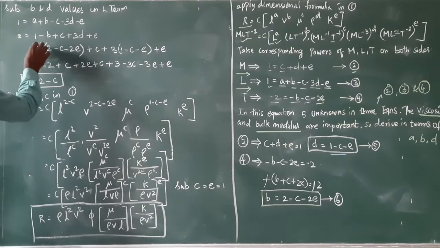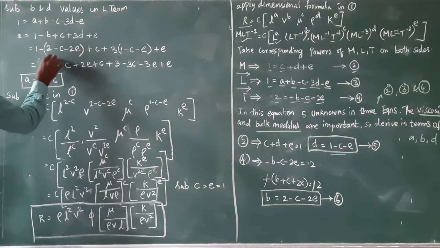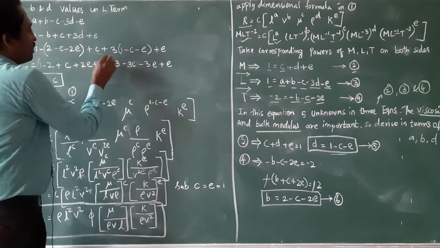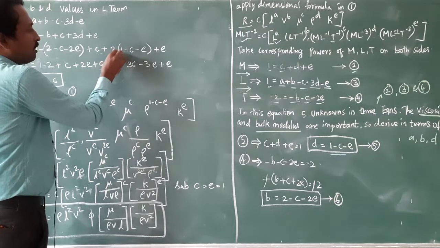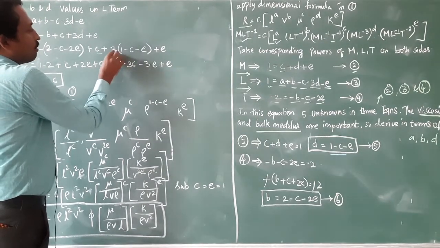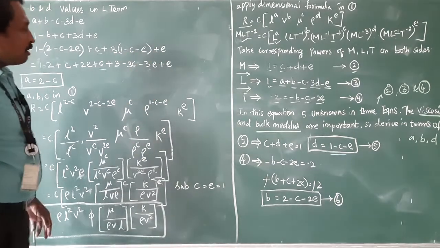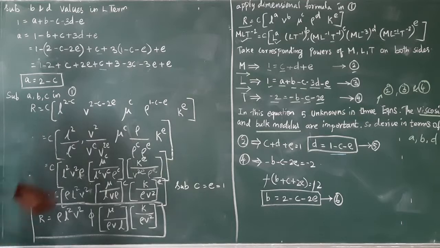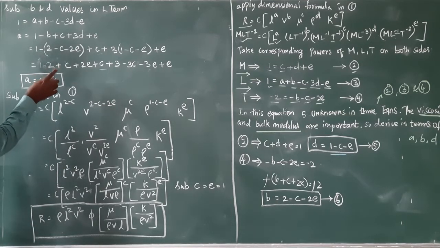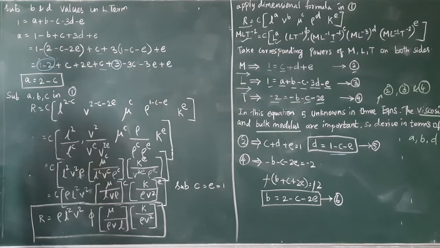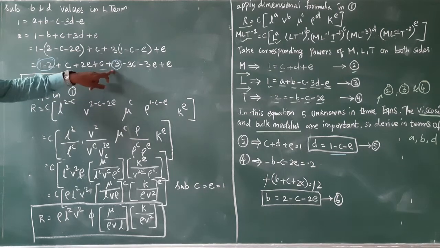Simplifying this: 1 minus 2 multiplied by minus gives plus C plus 2E, then plus 3 times 1 is 3, minus 3C minus 3E, plus E. First take the constant terms, which are 1 minus 2 and plus 3. 1 minus 2 is minus 1, and plus 3 is plus 2.